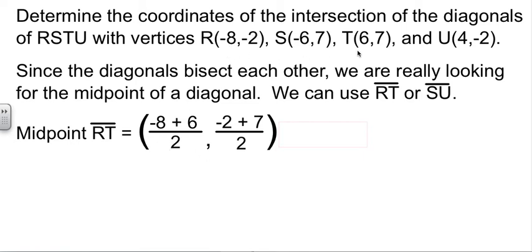Negative 8 plus 6 divided by 2, and negative 2 plus 7 divided by 2. Negative 8 plus 6 is negative 2, divided by 2 is negative 1. Negative 2 plus 7 is 5, divided by 2 is 2.5.